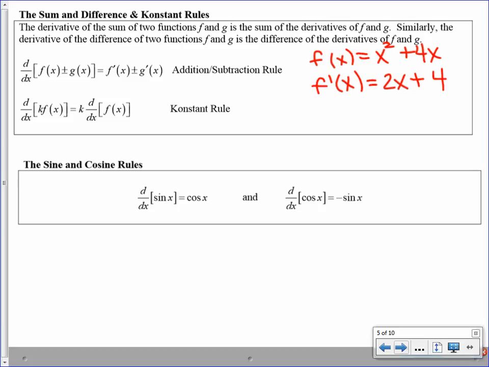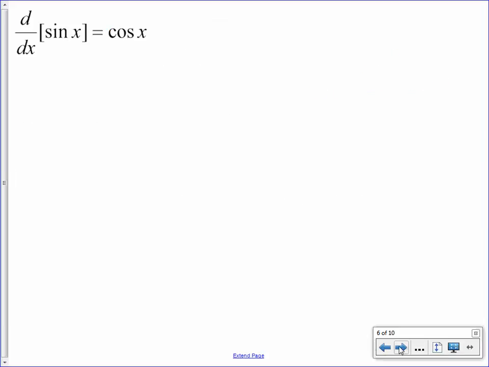Now, I do want to look at why the derivative of sine is cosine. So let's talk about the limit definition of the derivative.